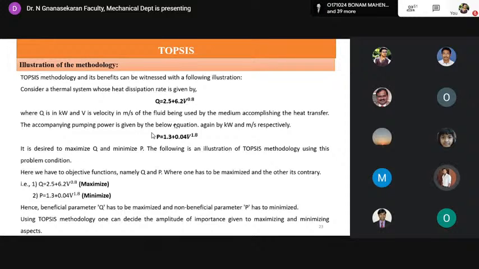So the same problem is stated here. Q is going to behave with respect to the given velocity like this equation, and the pumping power P is going to behave with respect to the given equation, and V is the velocity in meters per second. The idea here is to maximize Q and minimize P when we have various values of V. That is going to be the objective, and using TOPSIS is how we can proceed.